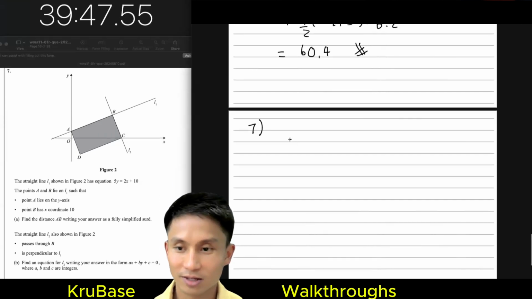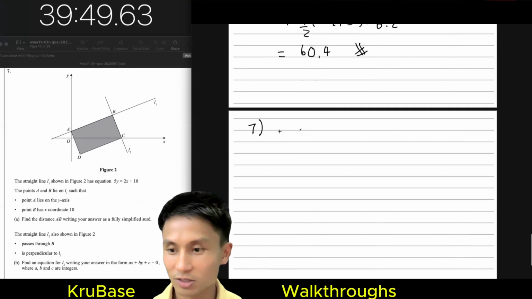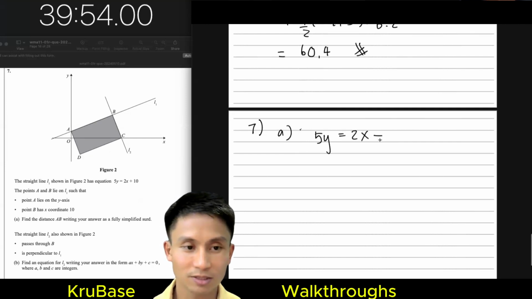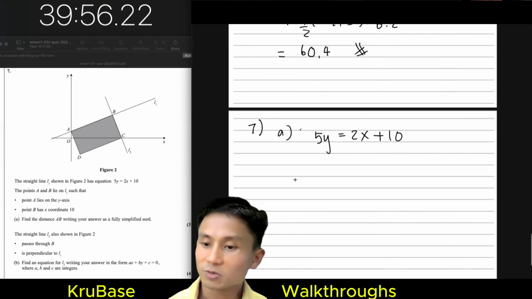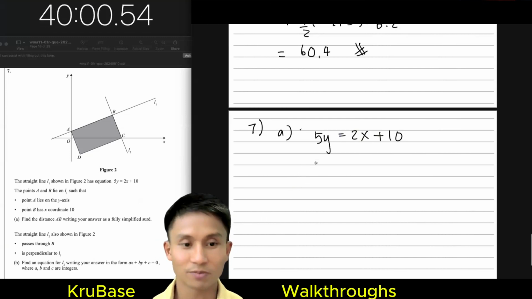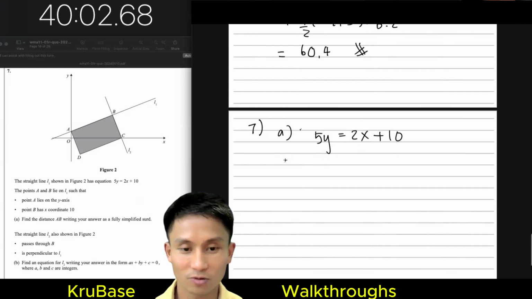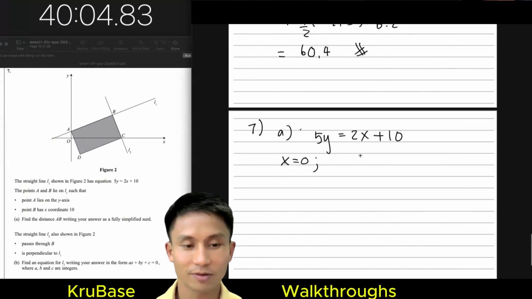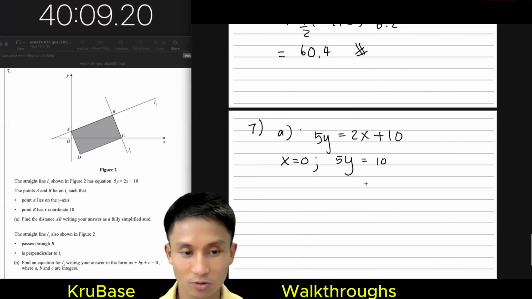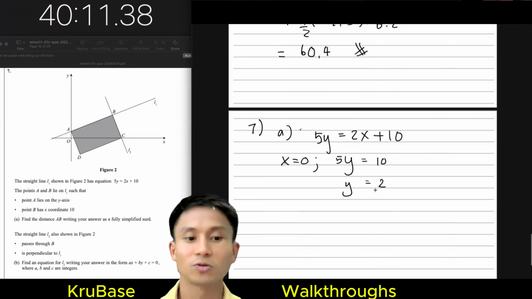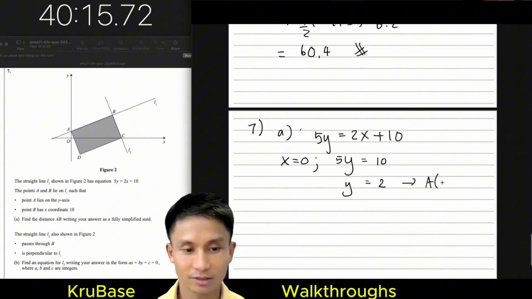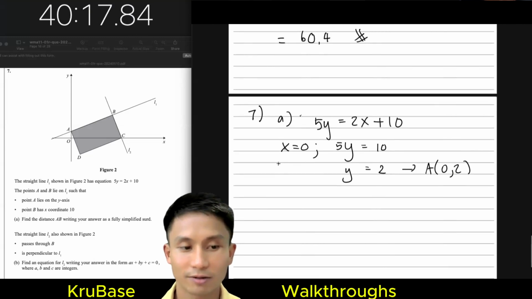All right, that's fine. So we have this equation, 5y equals 2x plus 10. Because we know that A is on the y-axis, meaning that it is a y-intercept, we can put x to 0 to find where y is, okay? So that's going to be 5y equals 10 because 2x goes away, so y equals 2. So that means A is 0, 2, right?